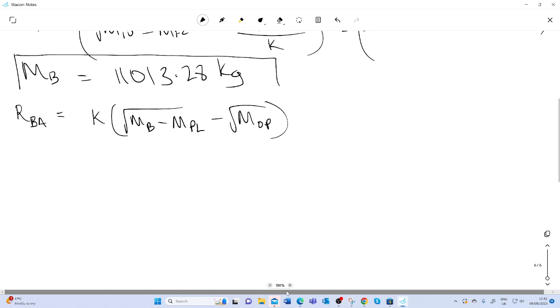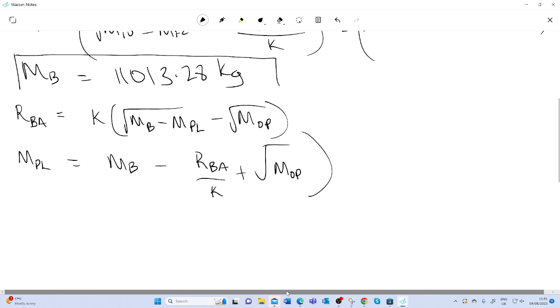Then we can single out the maximum payload. So maximum payload to be dropped by the aircraft equals MB minus RBA over K plus operational mass.